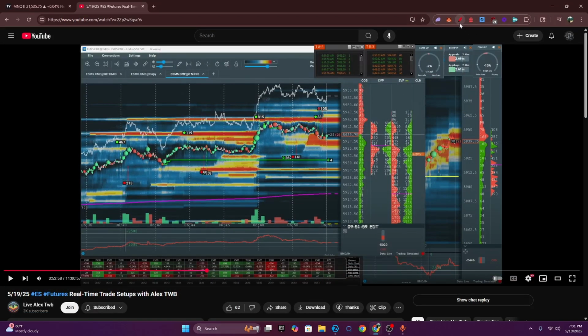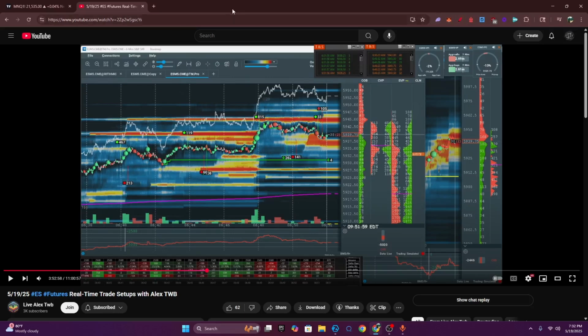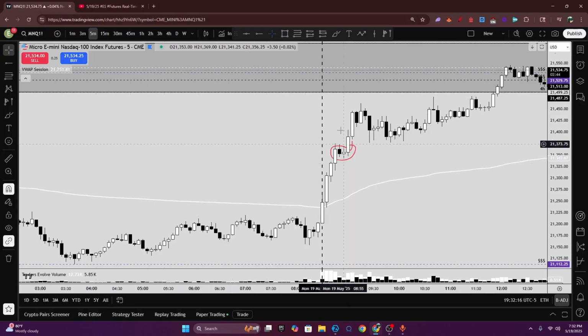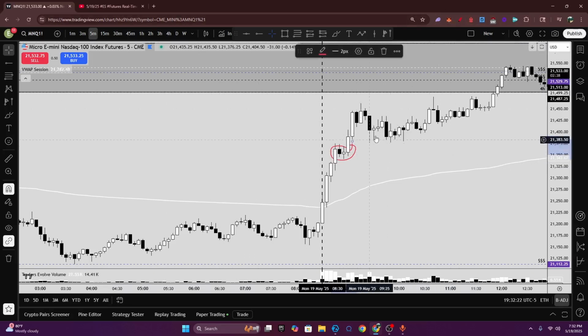Honestly, there's not really anything keen for me to take a trade. Liquidity has been very tight, and I'm not seeing the structure that I would have liked when I'm making a trade. So honestly, no opportunity there for me, at least today on the market.